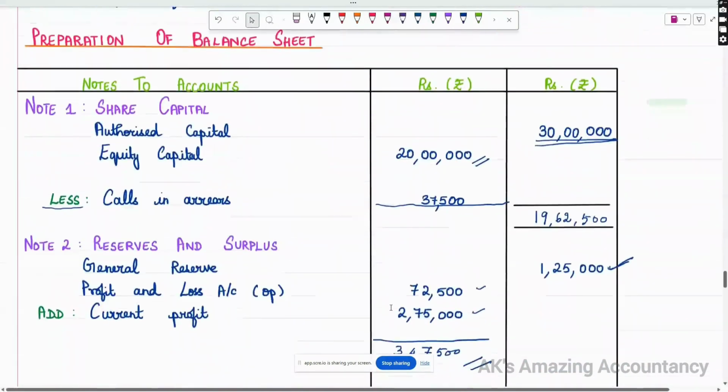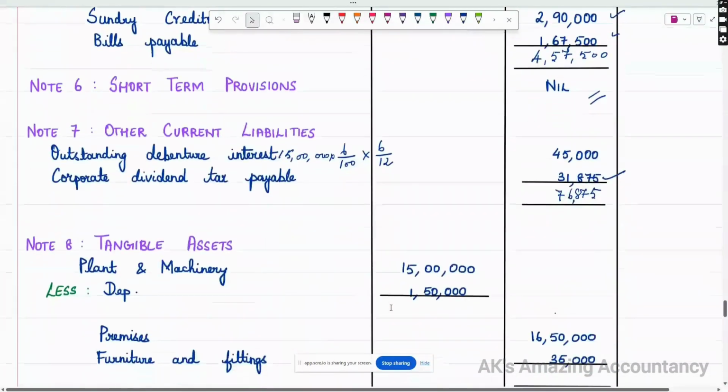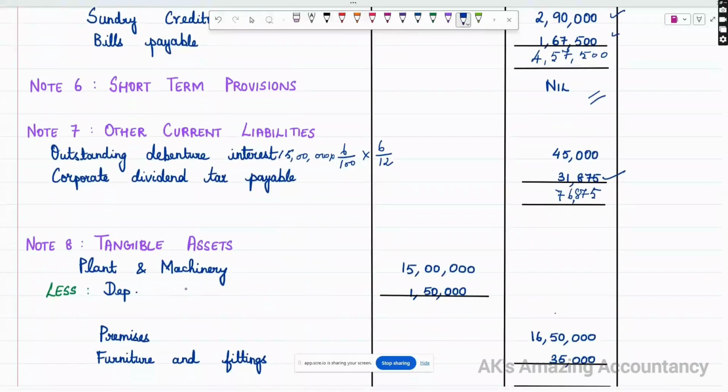So under tangible assets, plant and machinery 15 lakhs, 10% depreciation, it is 15 lakhs into 10 by 100, so 1,50,000. When you deduct 1,50,000, that will give you 13 lakhs 50,000.